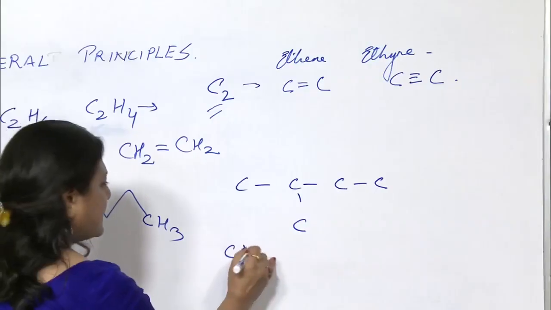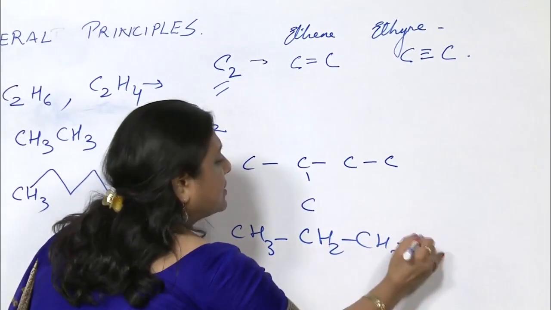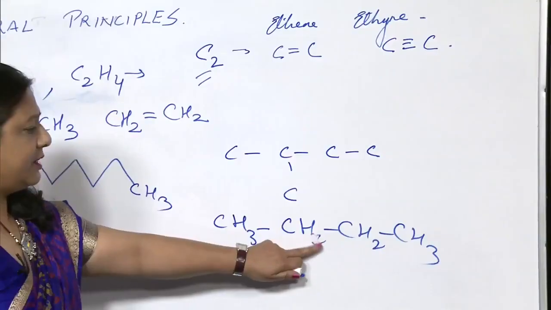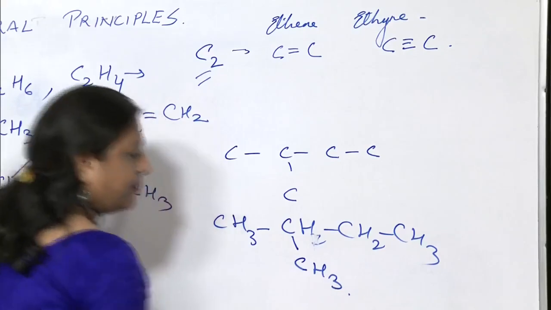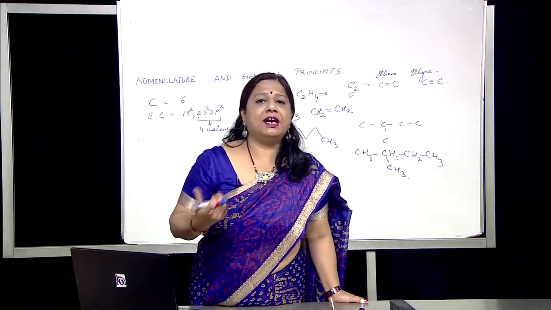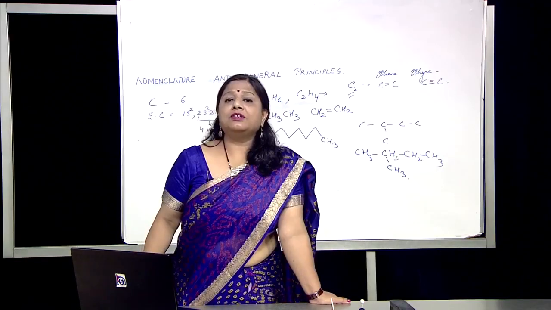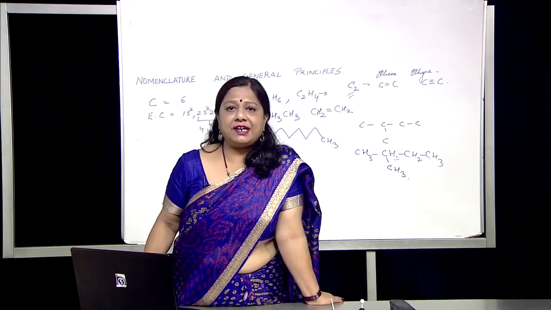Suppose I have a molecule CH3CH2CH3. To produce a branch, I need to remove one hydrogen and introduce another alkyl group, and that becomes the alkyl group. So the general formula of this will differ by one hydrogen less.